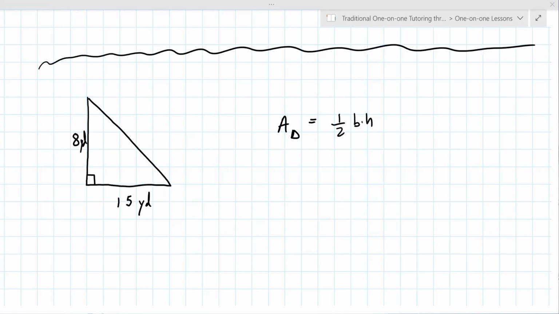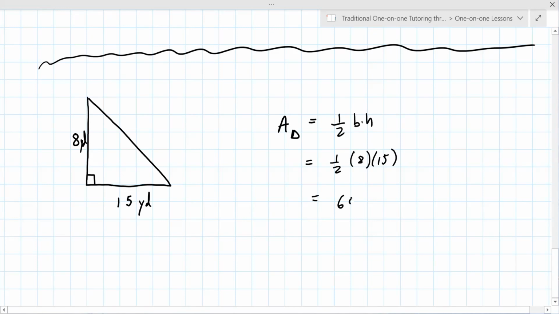I multiply 8 times 15. Oh, I see. Okay, so it's 60. And what are the units of area? 60 yards squared. Yards squared, perfect.